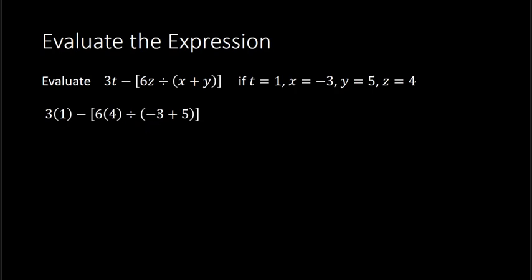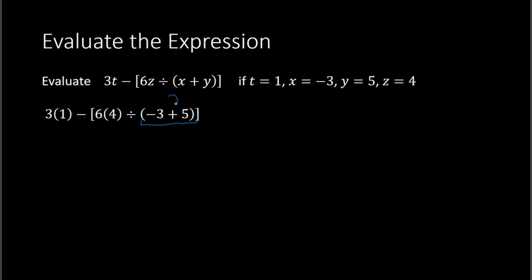Now, when you simplify, you begin with the innermost parentheses first. So within the brackets, we also have this parentheses right here. So this would be inside of the bigger bracket. So we begin with this parentheses first. Negative 3 plus 5 would be a positive 2.